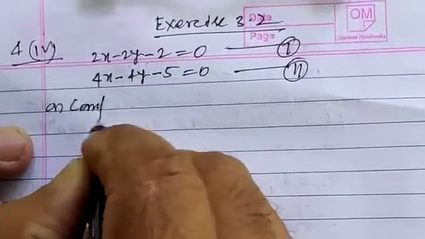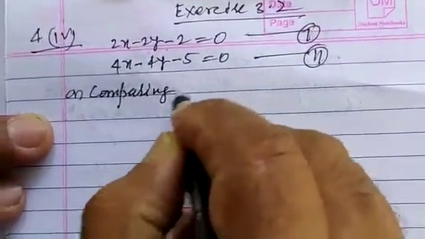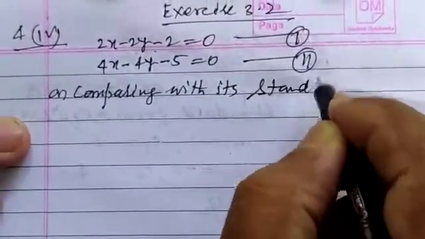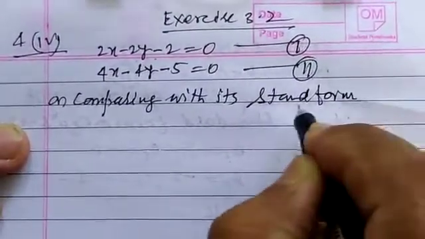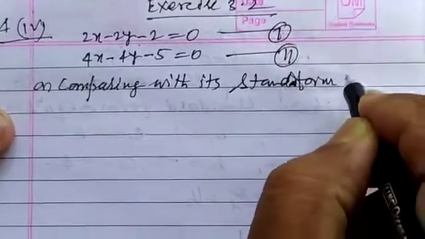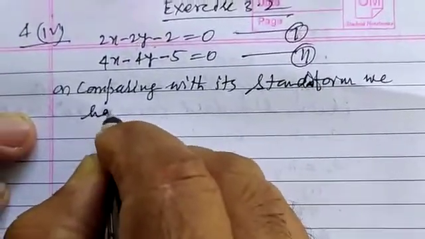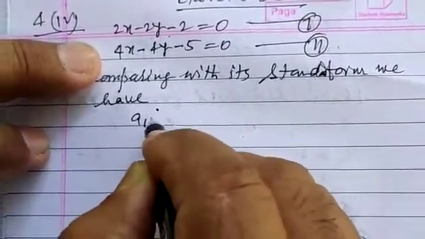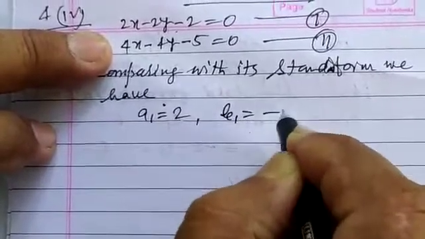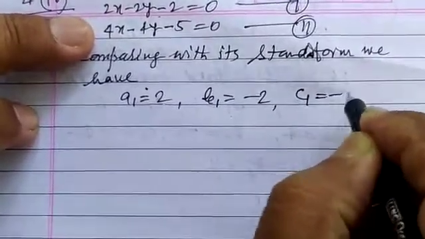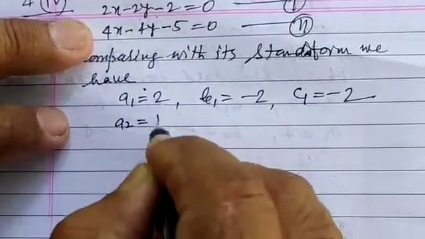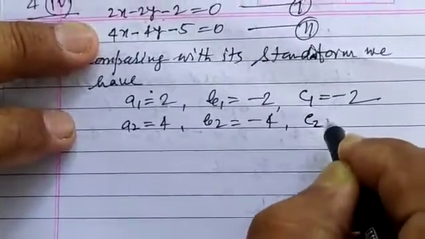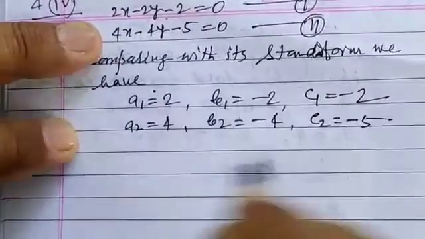On comparing with the standard form, we have a1 equals 2, b1 equals minus 2, c1 equals minus 2, a2 equals 4, b2 equals minus 4, and c2 equals minus 5.